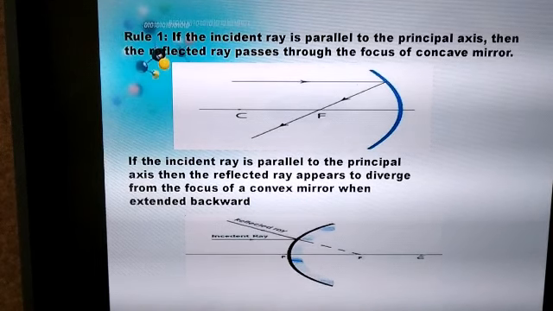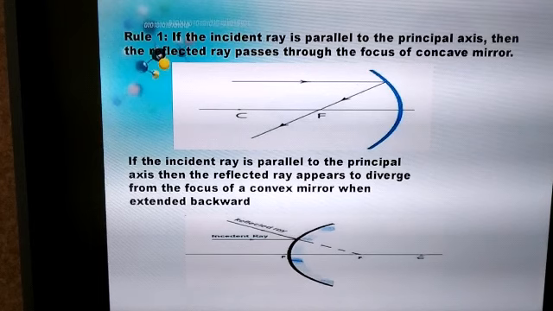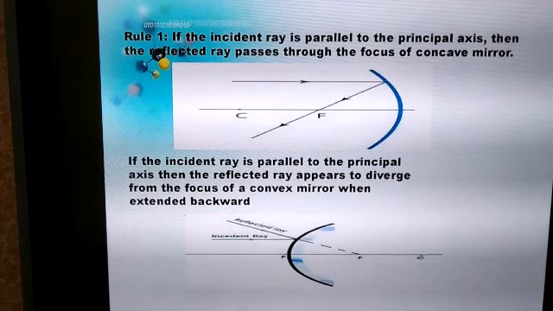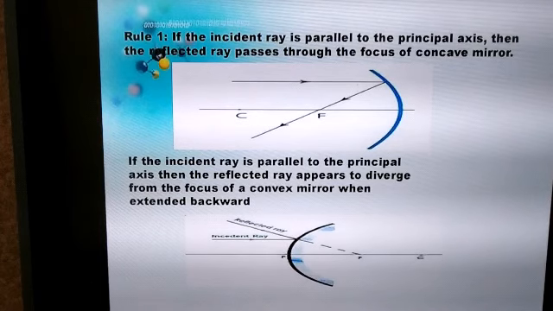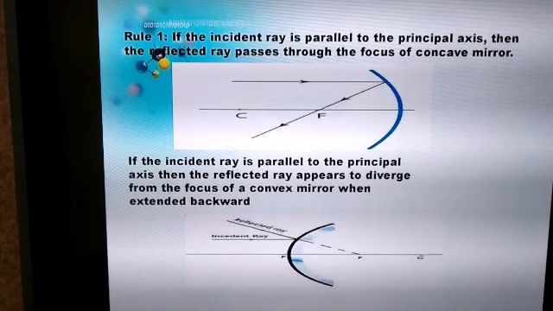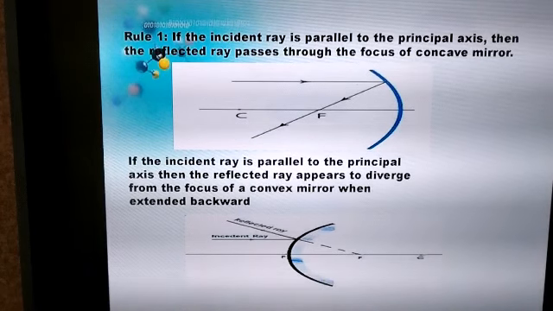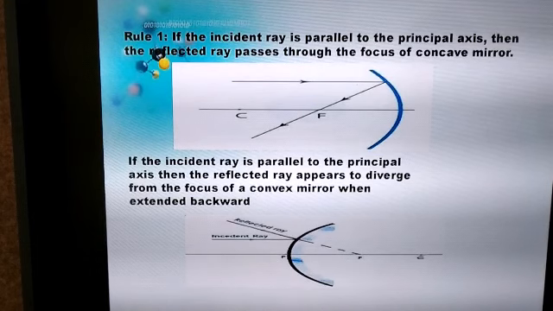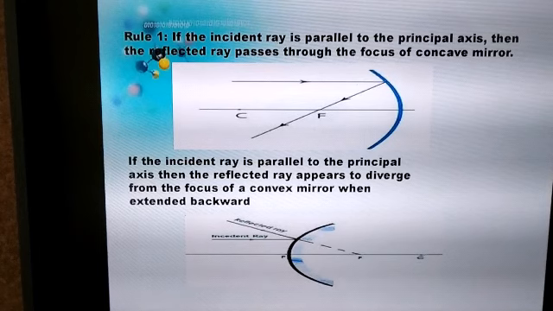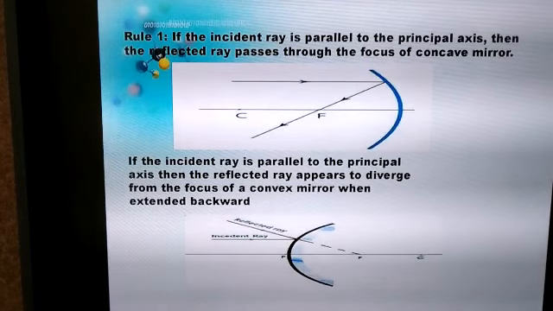But if I want to find out the exact position of the image and the nature of the image which is formed because of reflection from a spherical mirror by drawing a ray diagram, then we need to consider at least two rays which are incident on the mirror and which start from the object.